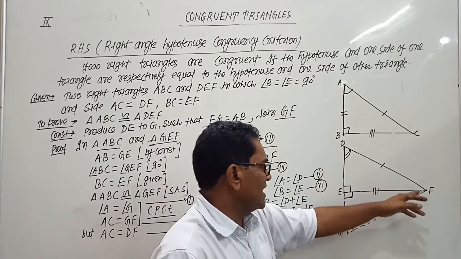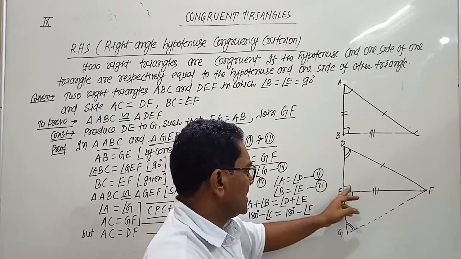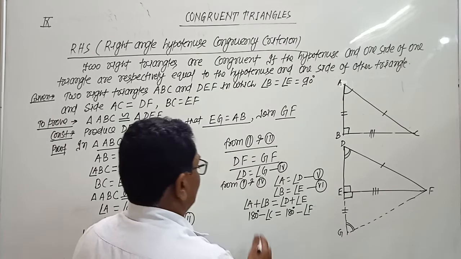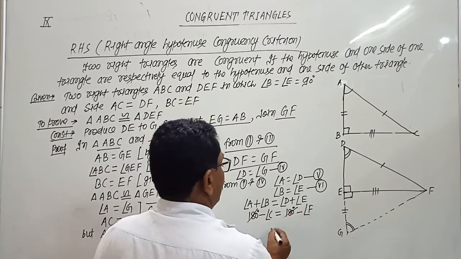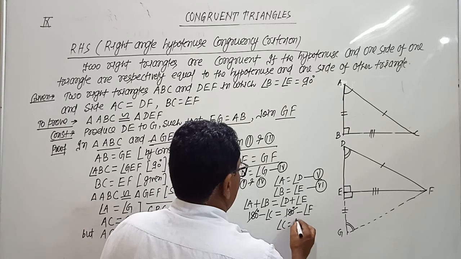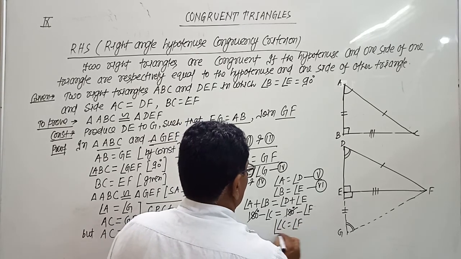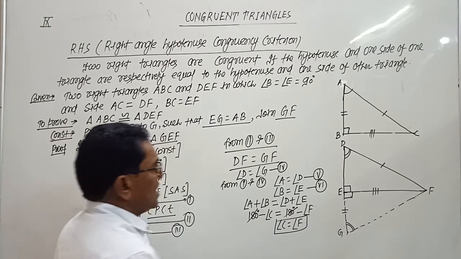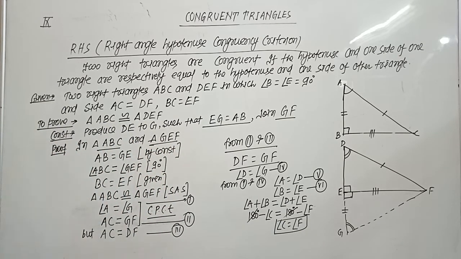The 180s get cancelled, and we get angle C equals angle F.